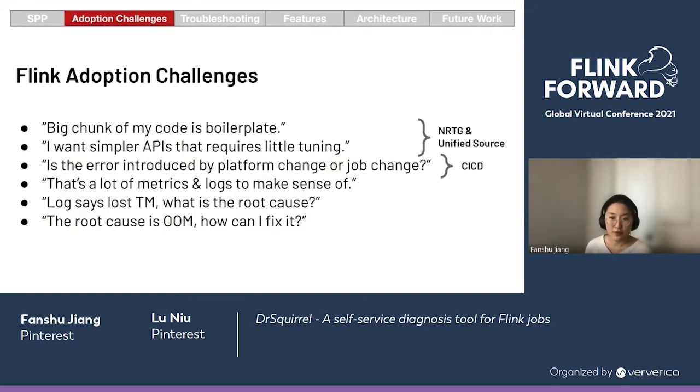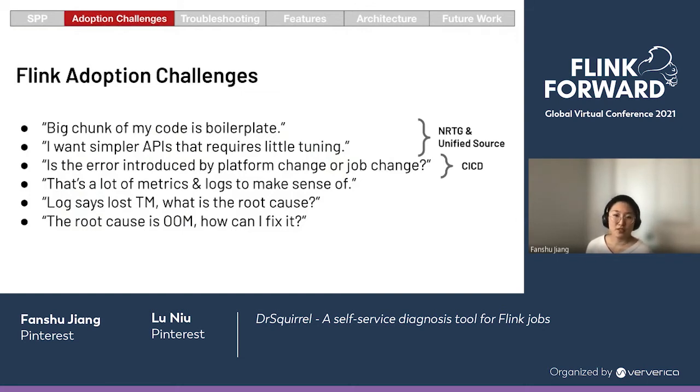For example, the massive pool of metrics and logs is not easy to make sense of. And when the log says, oh, there is a lost task manager, what does that really mean? It could be caused by a bad node, a hardware problem, or some network issue. It could be out of memory that brings down the YARN container.